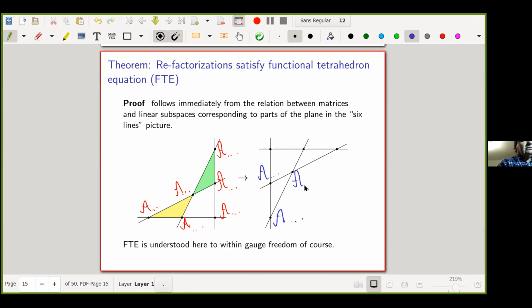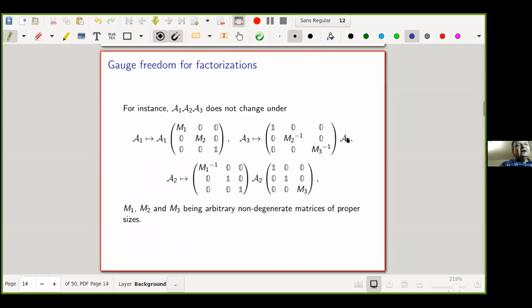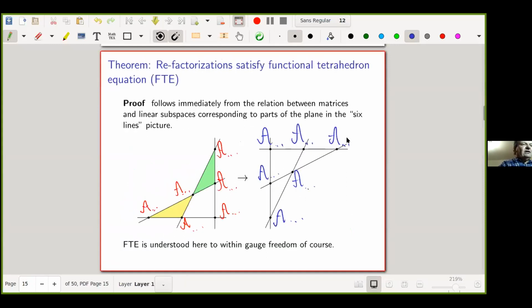Let them be dark blue, like here. And second, you can obtain them doing this refactorization, a sequence of 4 refactorizations in 2 different ways. And why will you obtain the same dark blue matrices in these 2 ways?